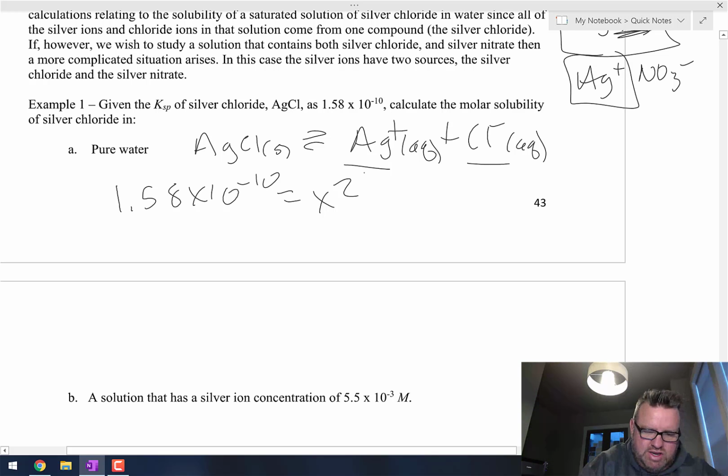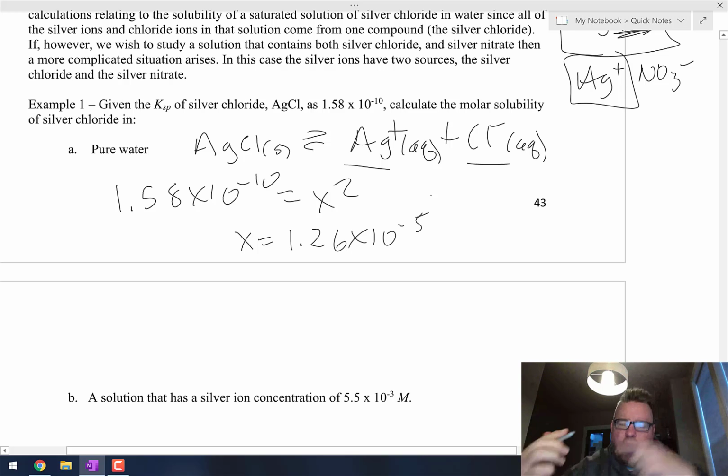So we just have to take the square root of 1.58 times 10 to the minus 10th, and we get an X value, which is equal to the solubility. Remember, the solubility means the X value, of 1.26 times 10 to the minus 5th.